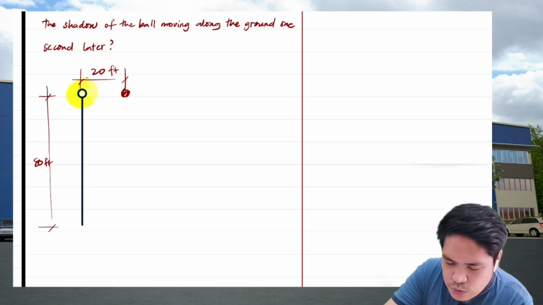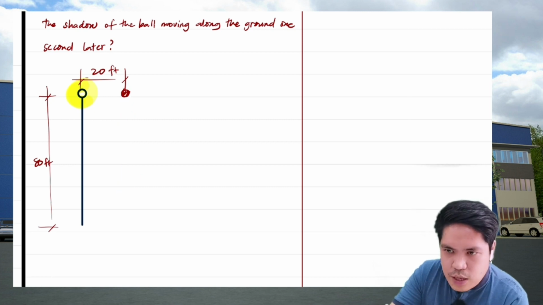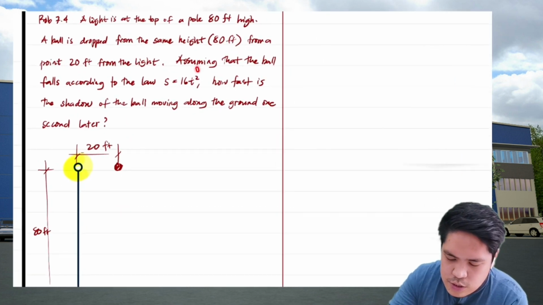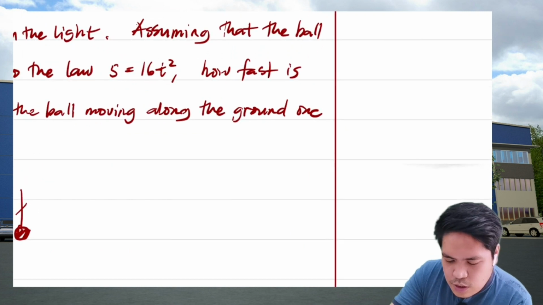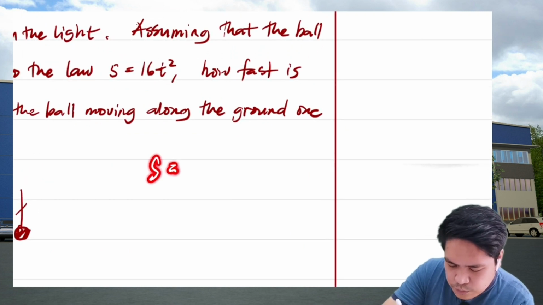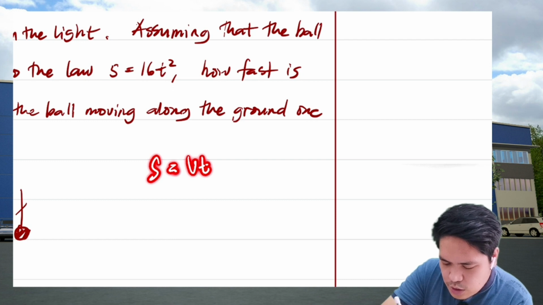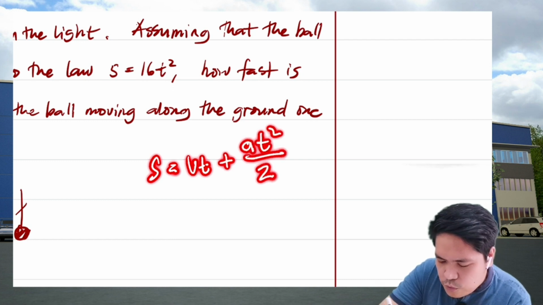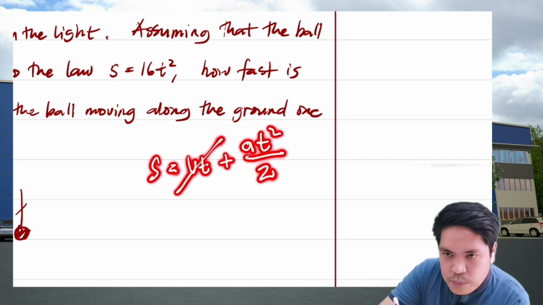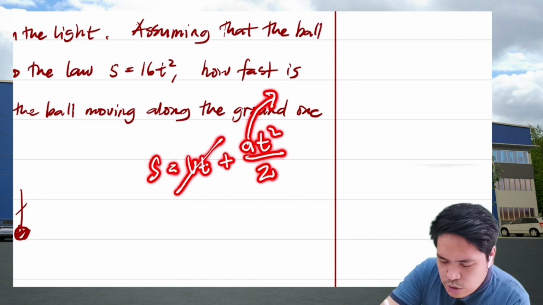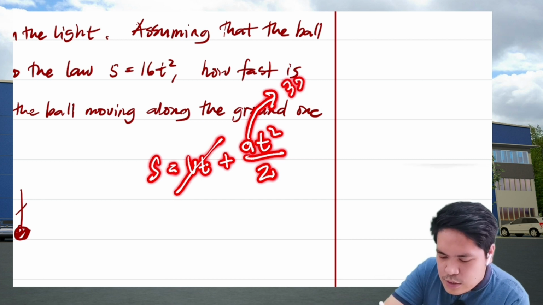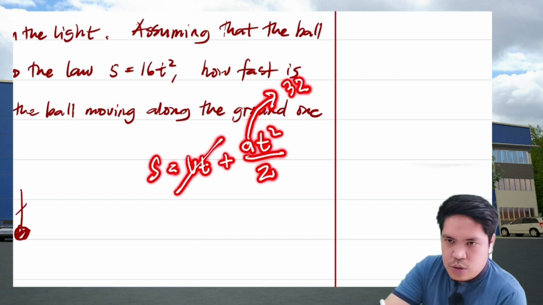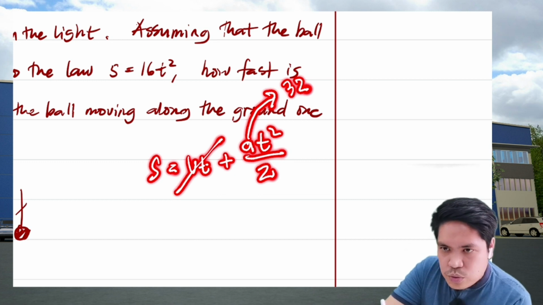So the ball would be dropping like that according to this law, which is actually distance equal to initial velocity times time plus acceleration times time squared over 2. So wala tayong initial velocity because the ball is dropped, and the acceleration due to gravity in feet per second squared is 32.2, or in many books it's just 32. So 32 divided by 2 is 16.